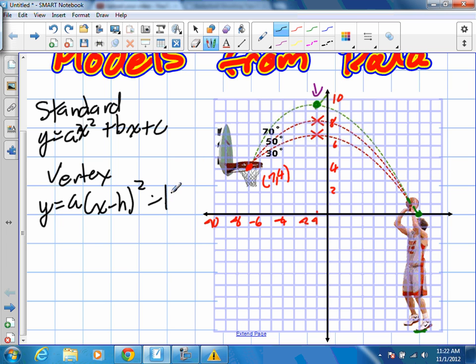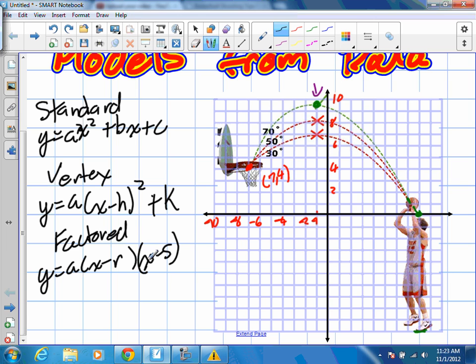And we have our factored form. Factored form is y equals a(x minus r)(x minus s). Okay. If you guys recall, we did a lesson like this last week on the blackboard. So we're going to use the vertex form for this question here.